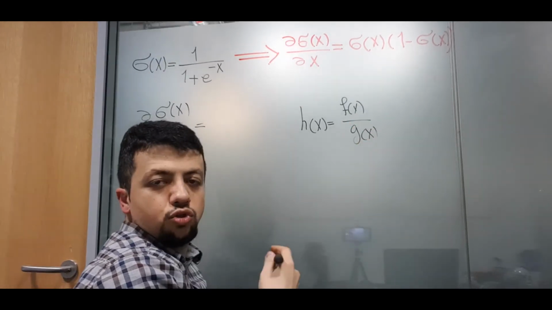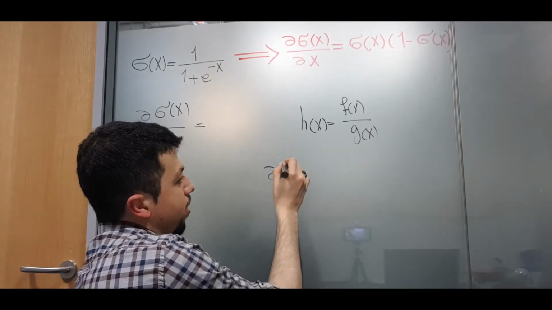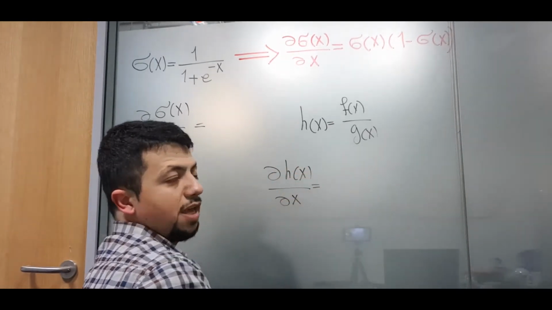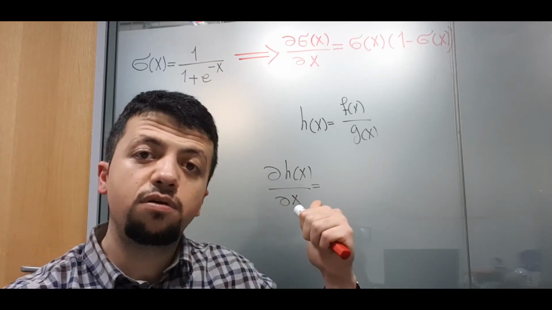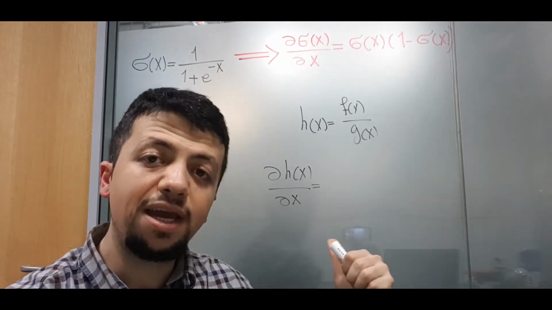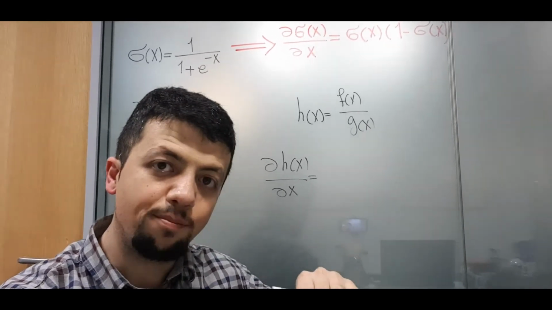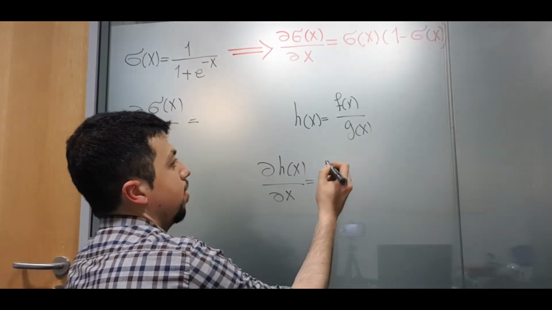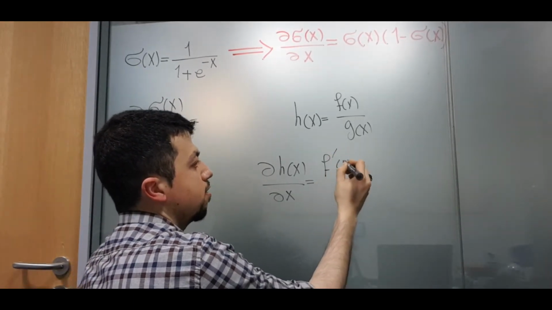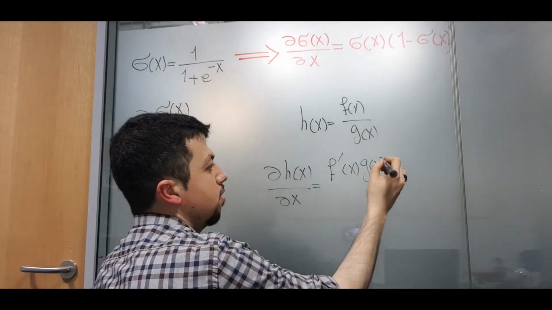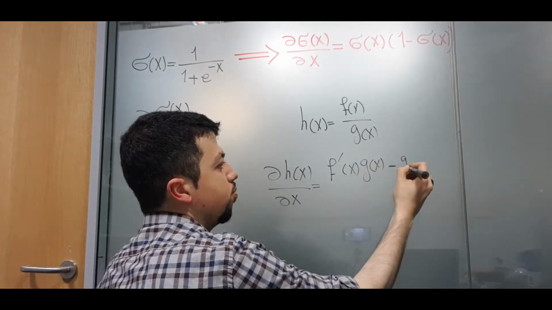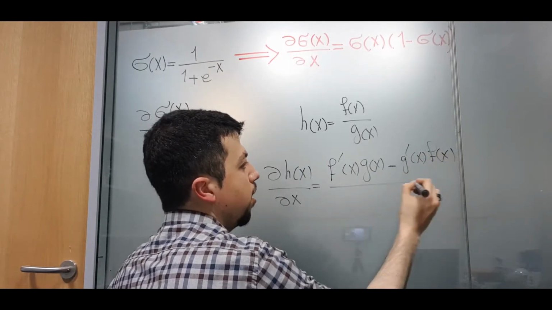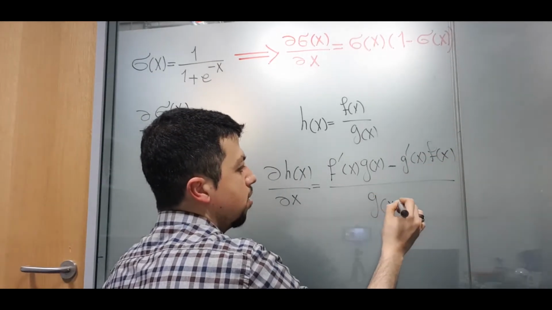To take the derivative of h of x with respect to x, the rule says: the derivative of f multiplied by g, minus the derivative of g multiplied by f, divided by g squared. So f prime of x, g of x, minus g prime of x, f of x, divided by g of x squared.